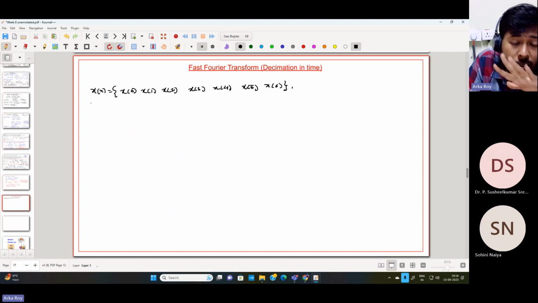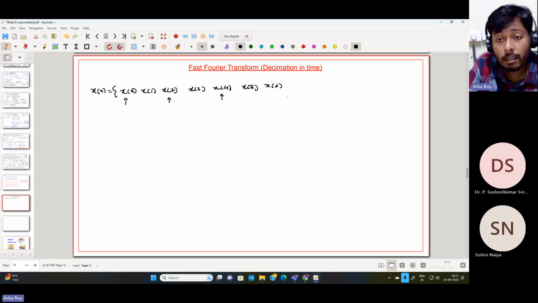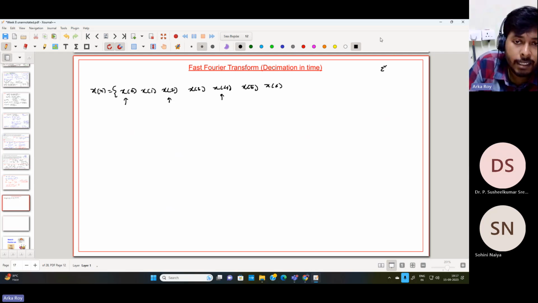Roughly speaking, let us consider we'll be using some downsampling process, and I can take two polyphase decompositions. One could be only the even parts. I will be using radix 2, so I have to take samples in the order of 2 to the power r. That's because I'll be working on radix 2.